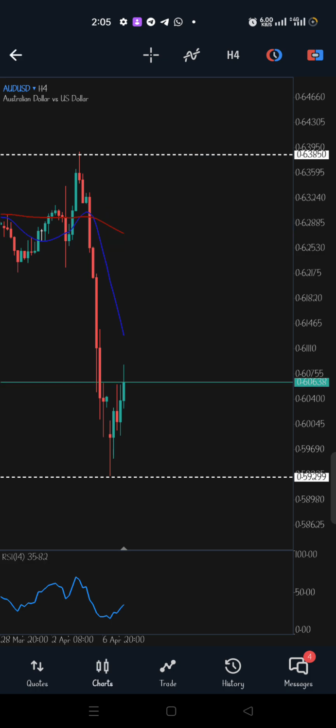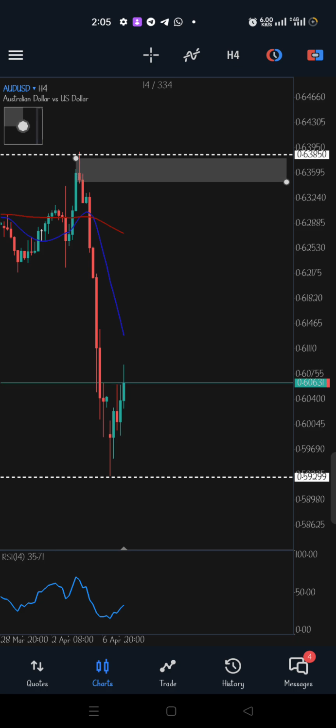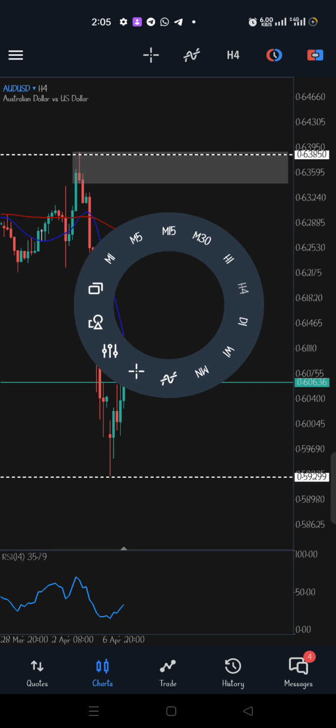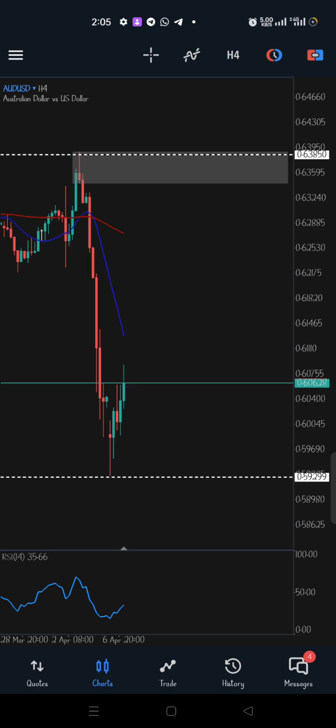I will start by identifying my demand zone. Here I have my demand zone. After this demand zone, the next thing I'll identify is my supply level.